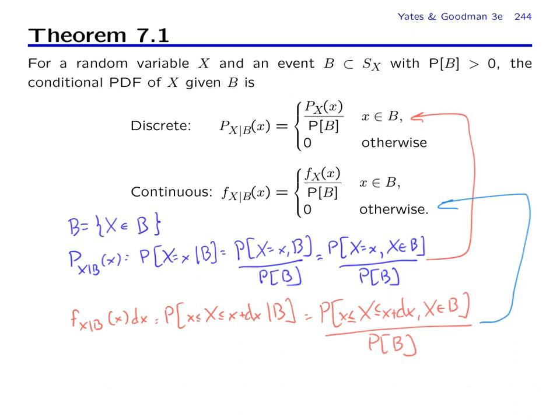Effectively, in both cases, what we're doing is we're taking values of x that belong to the set B and scaling up either the PMF or the density function by 1 over P of B. And the consequence of this is that the conditional PMF sums to 1 over the set B, and the conditional PDF integrates to 1 over the set B.